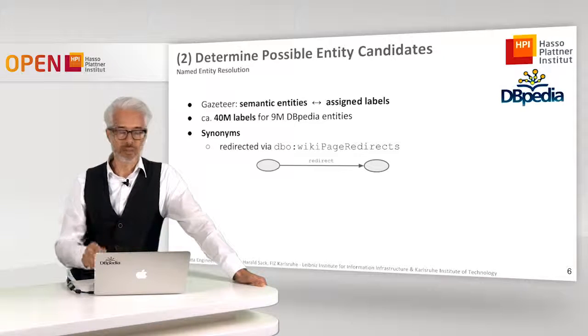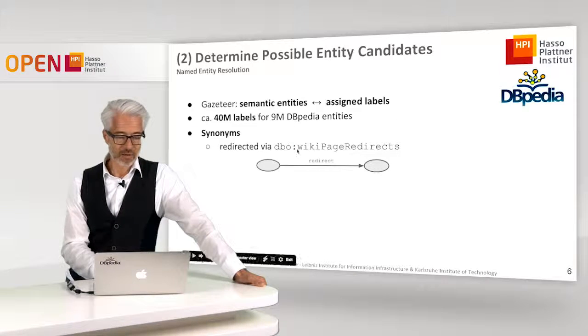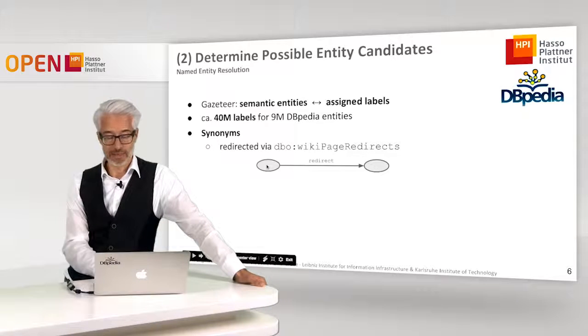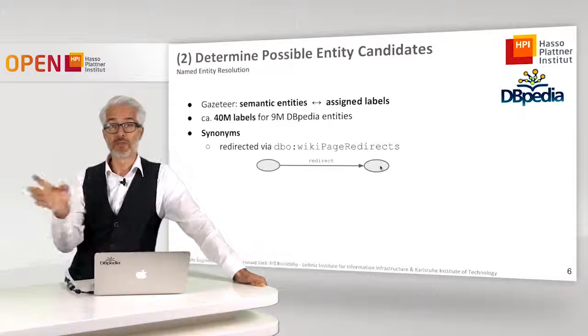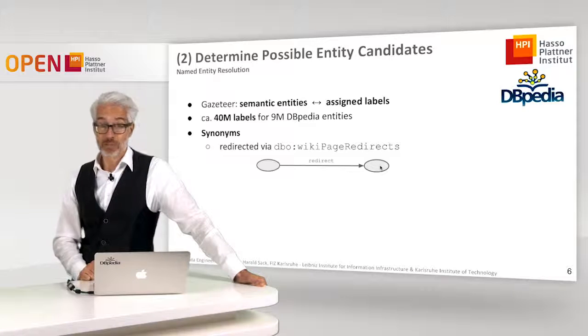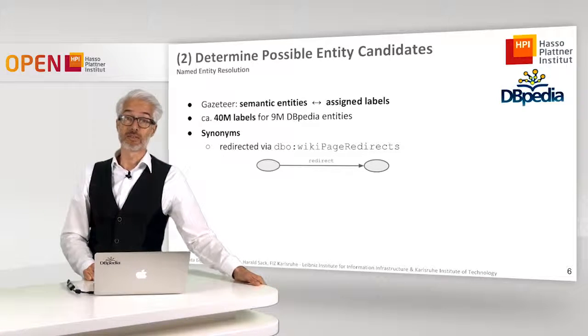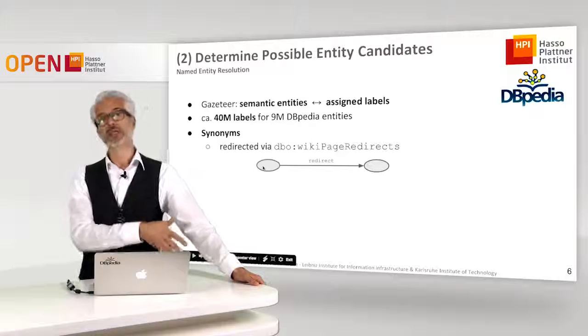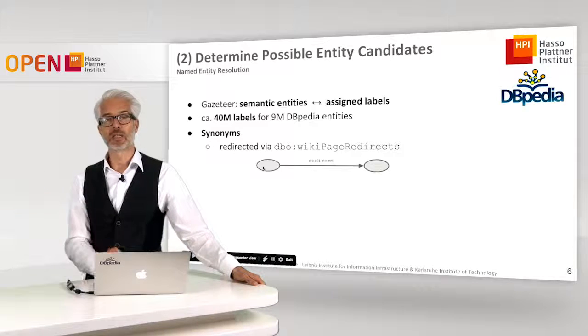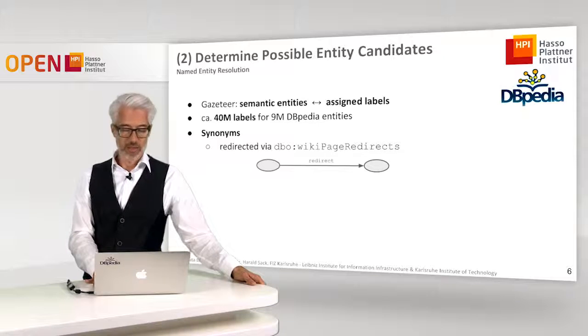So these redirects usually work in the way that, of course, this entity has assigned a label and this entity has assigned a label, but only the redirected entity, so this one, where it points to, will have also all the other properties that usually are associated to that entity. This one is only a synonym, and from there goes a redirect to the original entity. You have to know that.